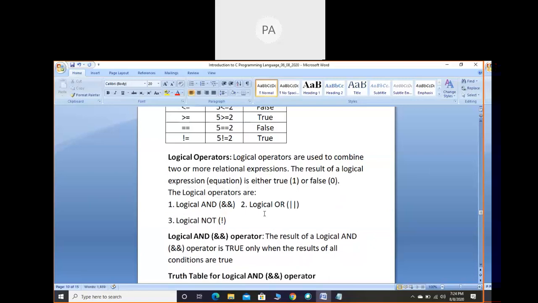Then coming to the logical or. On the keyboard there is a symbol called the pipeline. While writing, it is a vertical line, and on some keyboards there will be a gap in the middle, and on others no gap. Please observe your keyboard. To type that symbol, you press the shift key and type the backward slash key.